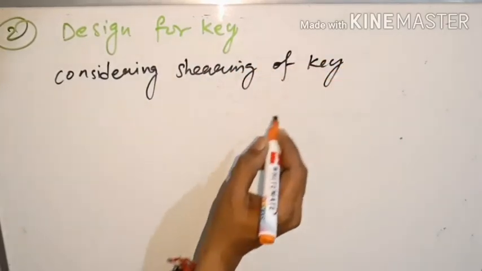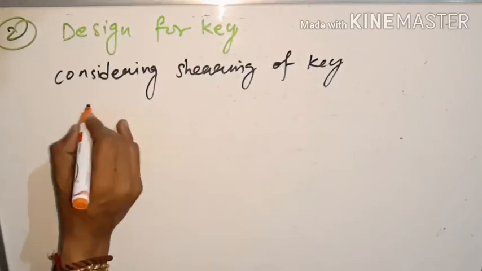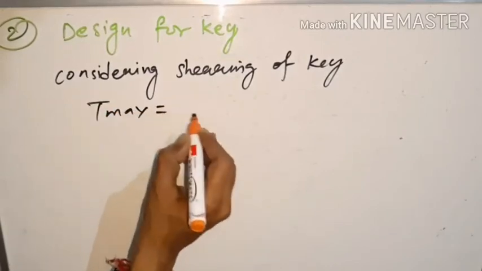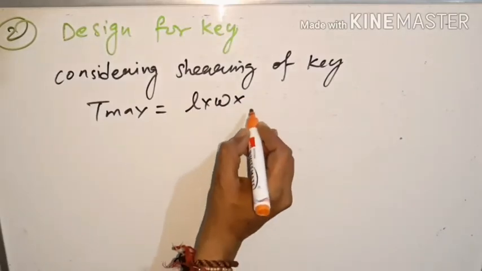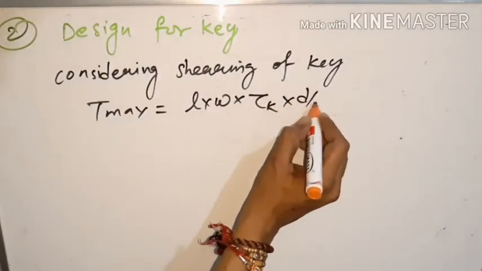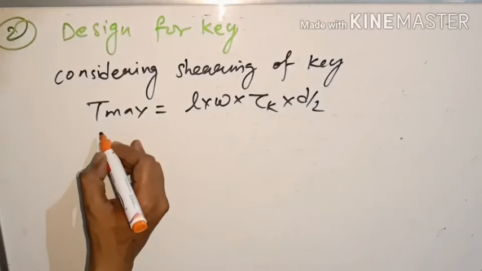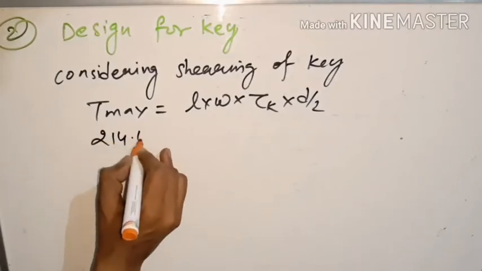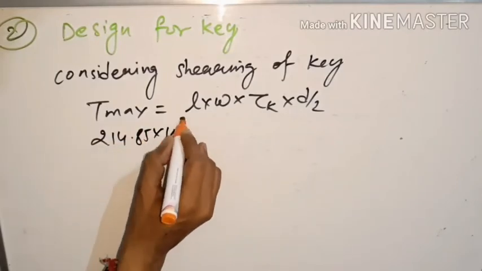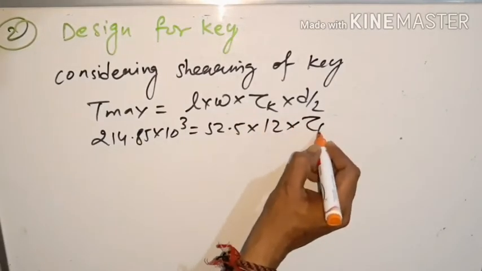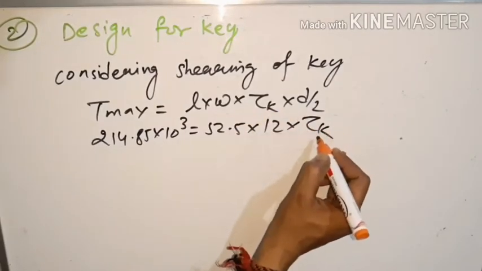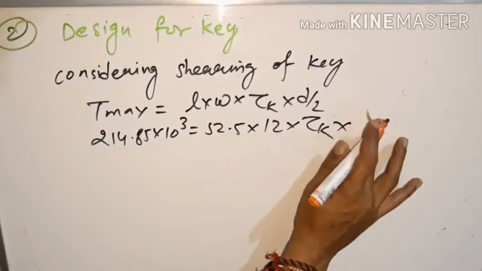So the formula for torque transmitted is given by T max is equal to L into small w into tau k into d by 2. So putting all the values, it is around 214.85 into 10 power 3, length is 52.5, w is 12. We need to check this shear stress, and d, what is d?